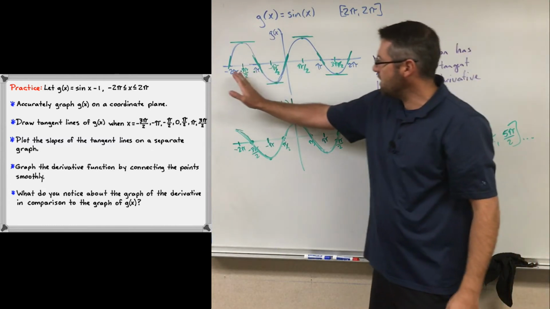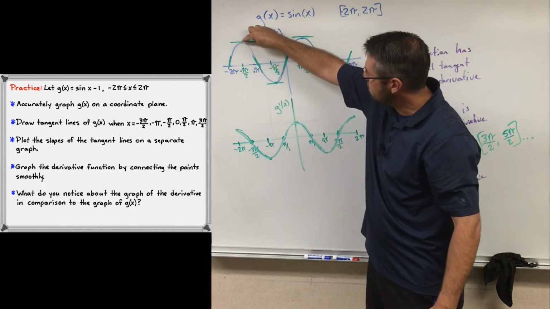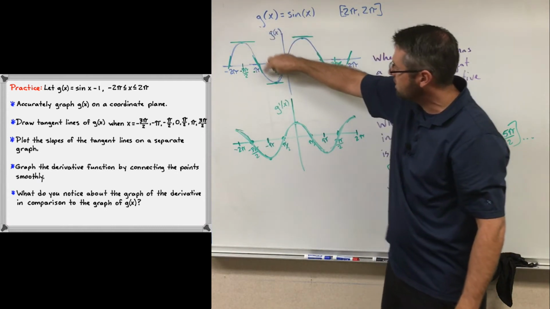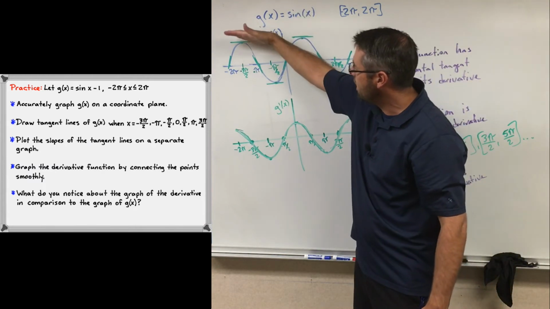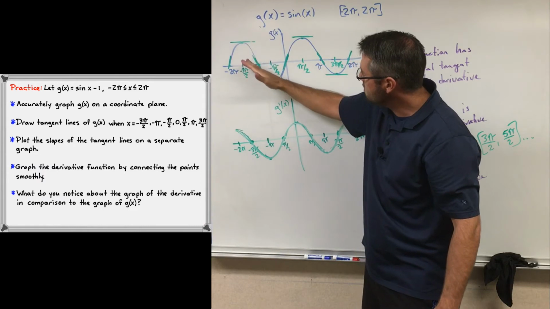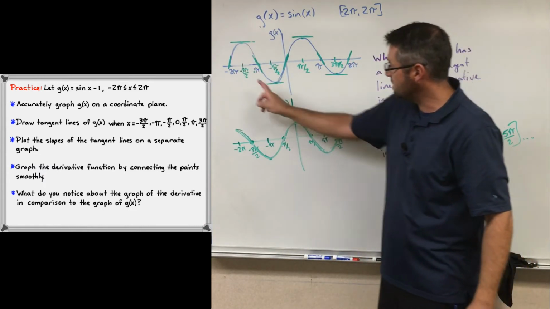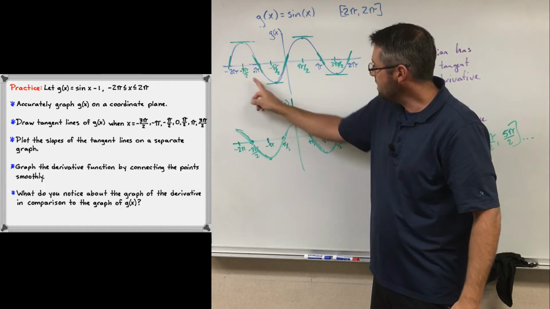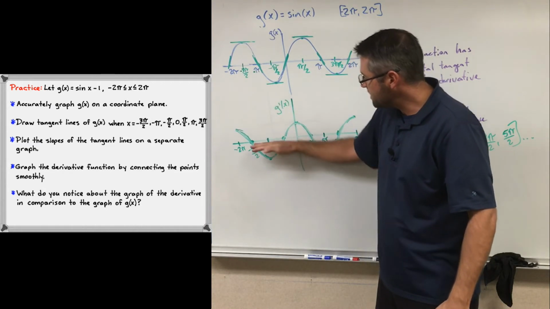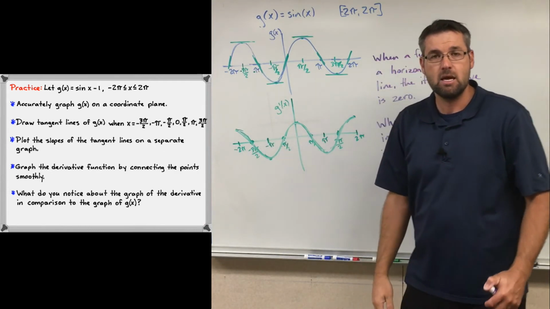We can see from negative 3 pi over 2 to negative pi over 2, over that interval, we see that this graph is heading downhill. It's decreasing. So if I were to draw a tangent line along any point along the way, all those tangent lines would have a negative slope. And so we can see from negative 3 pi over 2 to negative pi over 2 that the derivative is negative. It's below the x-axis.